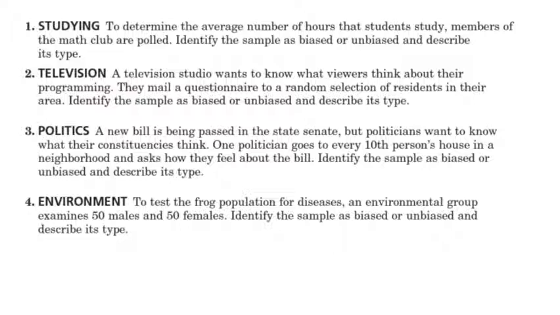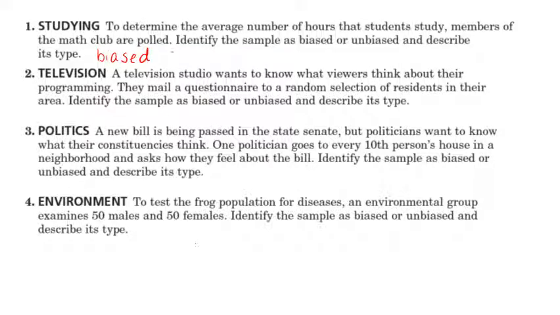So I want to know the number of hours students study, but I'm only going to ask the math club. Now, no offense to people in math club. I was in math club. But these tend to be students who are a little more studious, who enjoy math, who are more likely to do math homework. Let's say I'm only asking those students. So this is a biased sample.